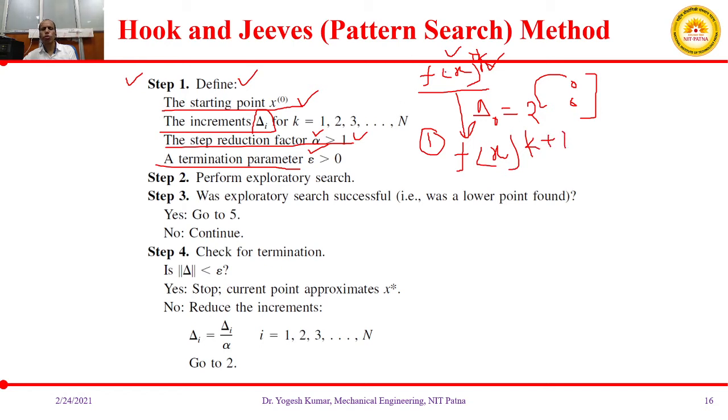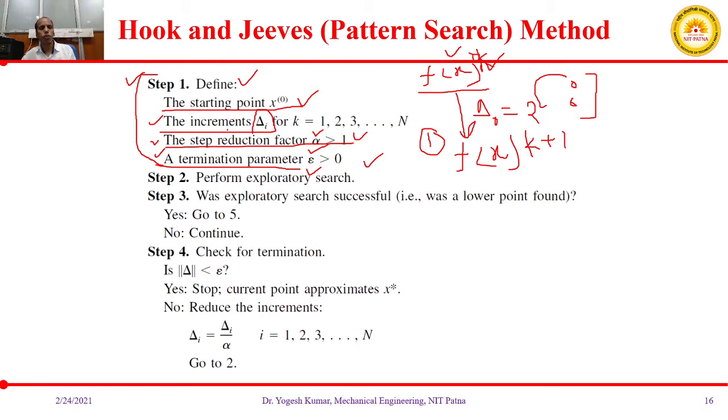If the difference between these two values is less than a particular parameter, which is called the termination condition or termination parameter, then you will stop this algorithm. Okay, this is your first step, where you define your starting point, your increment, your step reduction factor, and your termination parameter, that is the termination condition.